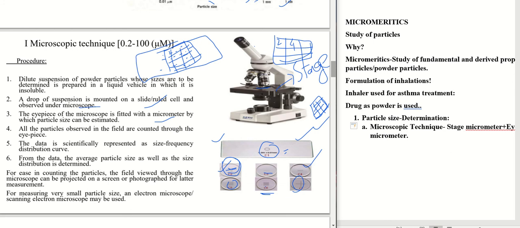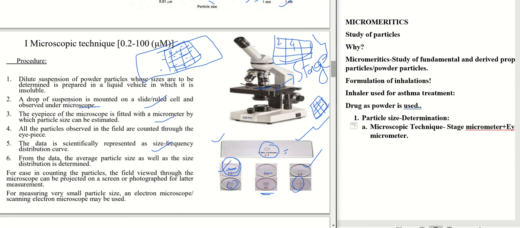That's how for the given sample we can make a note of the number of particles present. When we sum up all these, that gives the total number of particles. And this data is very useful in preparing data from which the size frequency distribution curve is obtained. We'll see what the size frequency distribution curve is.